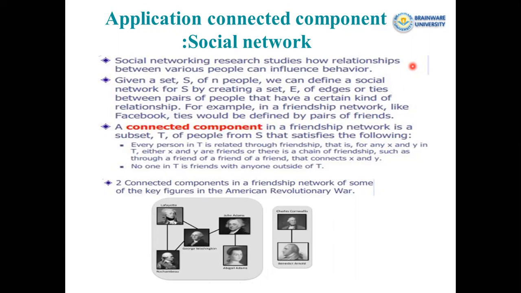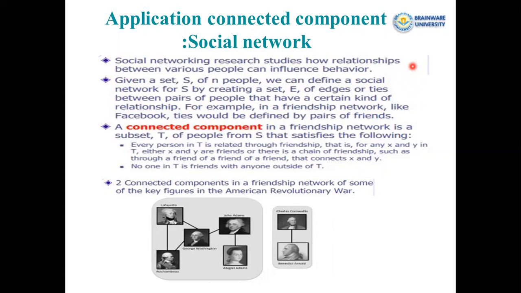So if we consider S is a set containing n number of people, and T is a subset of S, that means the social network is a set, and there are different social networking sites like Facebook, Instagram, Twitter, and n number of people have accounts on Facebook, Instagram, and Twitter.